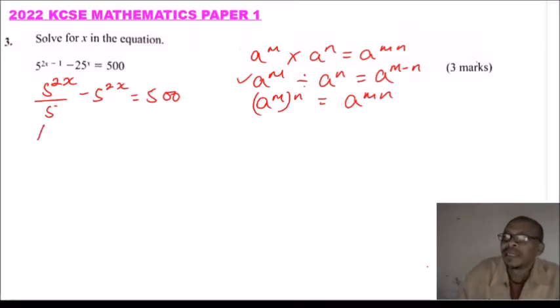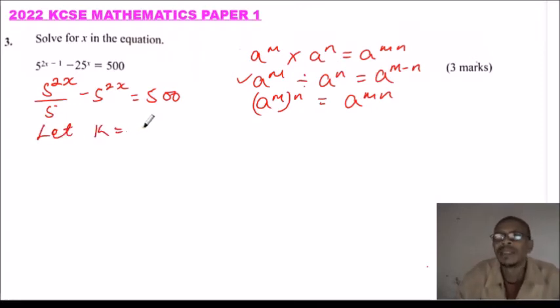Now with that we say let k be equal to 5 to power 2x. So we can rewrite our equation and say k divided by 5 minus k is equal to 500.